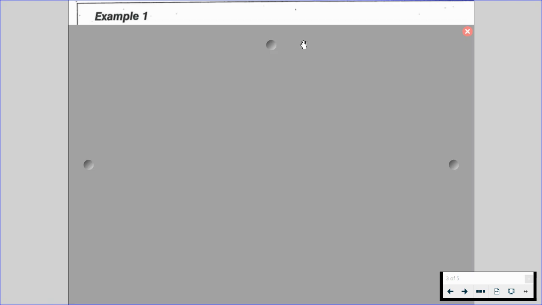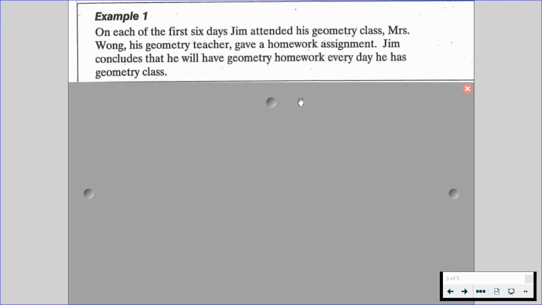In example 1, on each of the first 6 days Jim attended his geometry class, Mrs. Wong, his geometry teacher, gave a homework assignment. Jim concludes that he will have geometry homework every day he has geometry class because he's exhibiting a pattern.